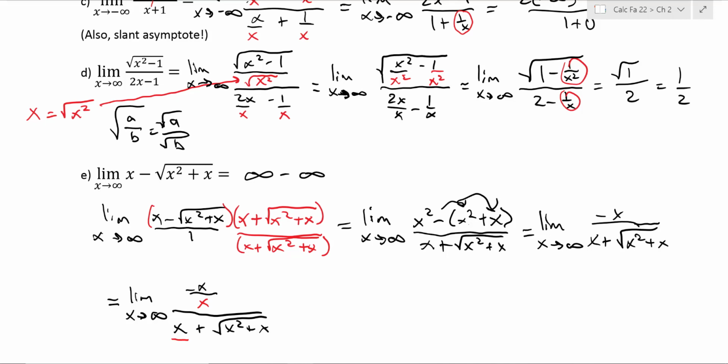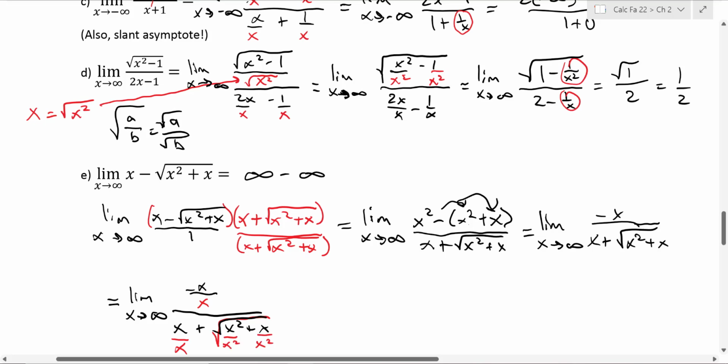Again, to take this x inside the square root, we need to turn it into the square root of x squared, so both terms inside are getting divided by x squared. And the reason we can go there, I should at least mention it: if you did plug in infinity and try to solve here, you'd get negative infinity over infinity. Now that we're doing addition in the denominator, it's just big number plus big number, so it'll stay a big number. So we get that indeterminate form, and then we can continue with dividing by the highest power of x in the denominator to simplify.